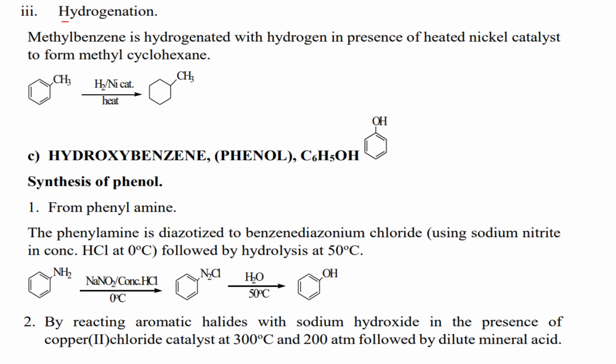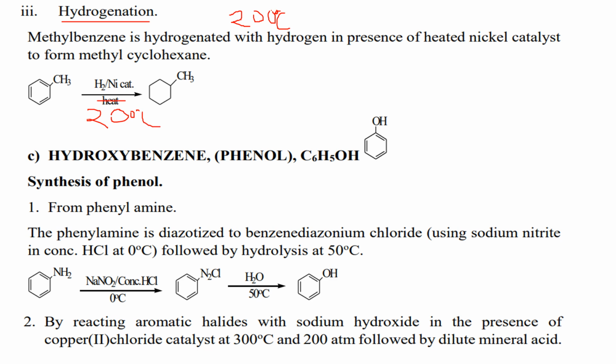Another reaction you're going to be looking at is hydrogenation. Methylbenzene is hydrogenated, and this is done at 200 degrees Celsius. I didn't put that temperature, I just said heat, but you're not supposed to do that. These reactions are supposed to be given their specific temperature. So you cancel out heat and substitute it with 200 degrees Celsius.